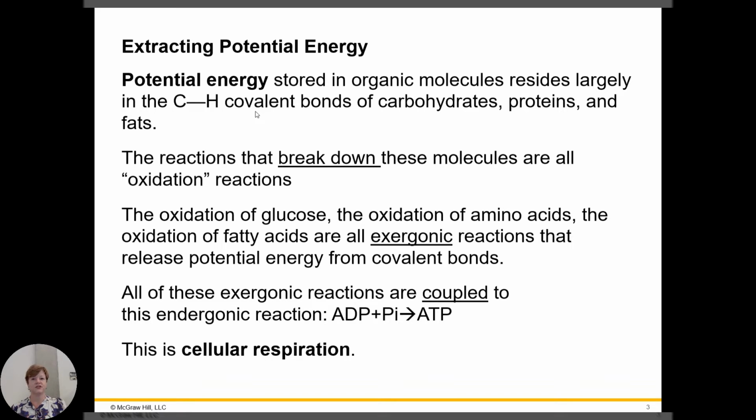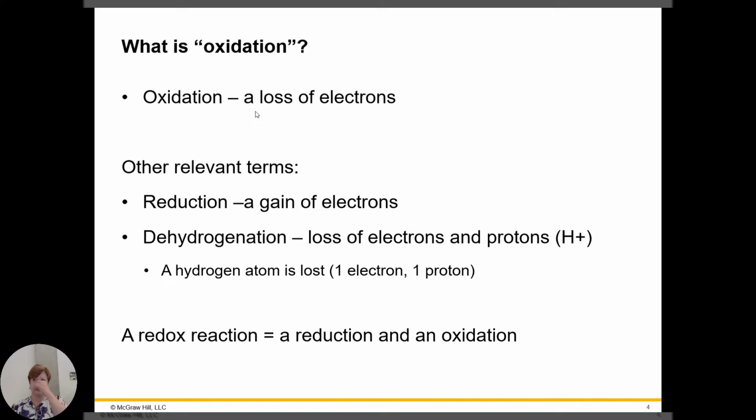The oxidation of organic compounds is exergonic, and so the two can be coupled. And ultimately, that is what cellular respiration is, the coupling of the exergonic breakdown of organic compounds to the endergonic synthesis of ATP. It may not be what comes to mind when you think of that word, respiration, but fundamentally, that is the important part of it.